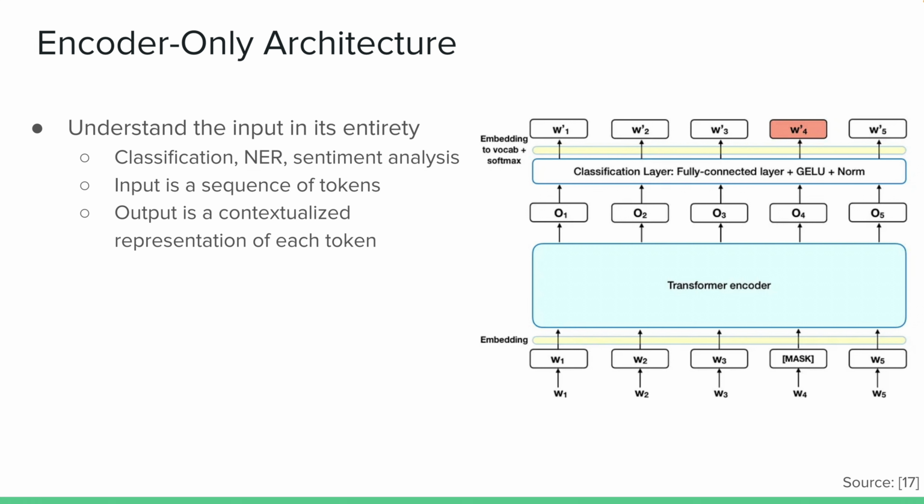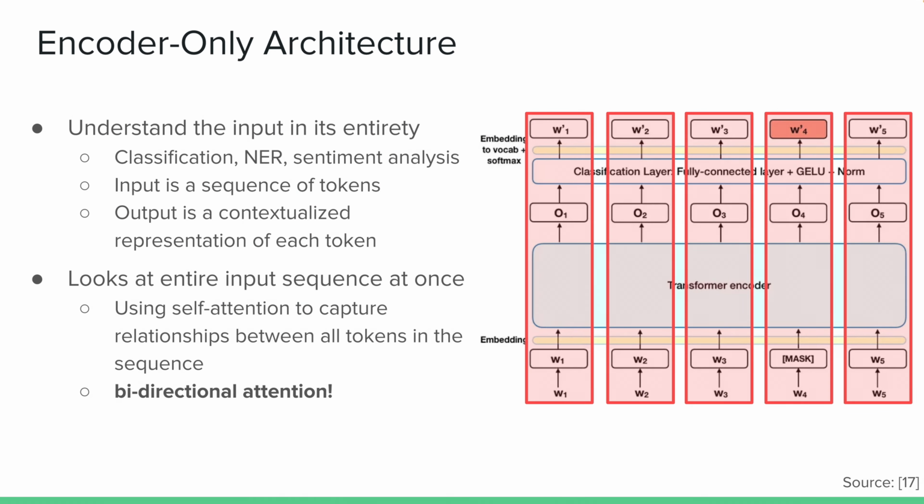This is ideal for tasks like classification, named entity recognition, or sentiment analysis. The input is processed as a sequence of tokens, which the encoder transforms into a contextualized representation of each token. In essence, the model learns the meaning of each word based on its context within the entire sequence.